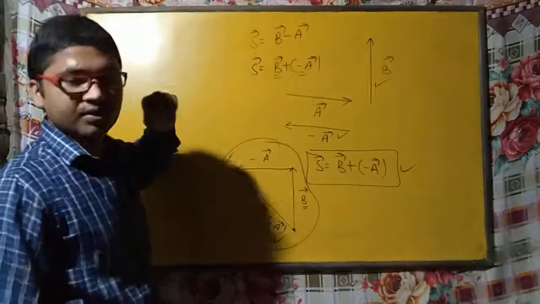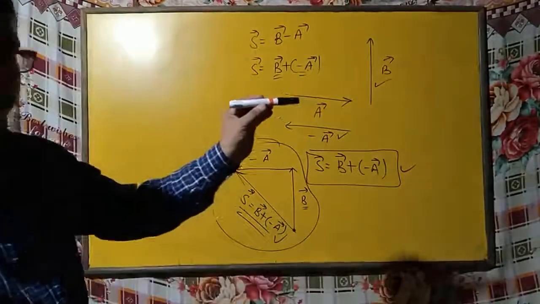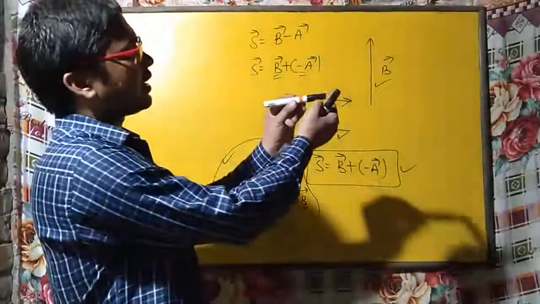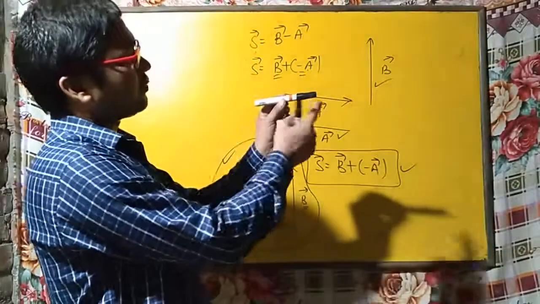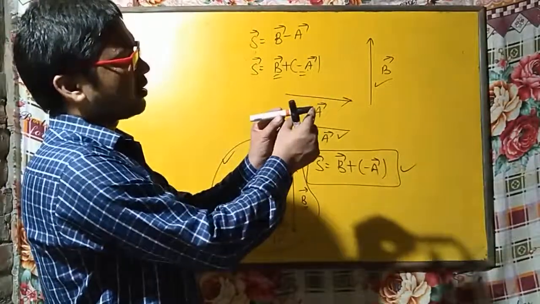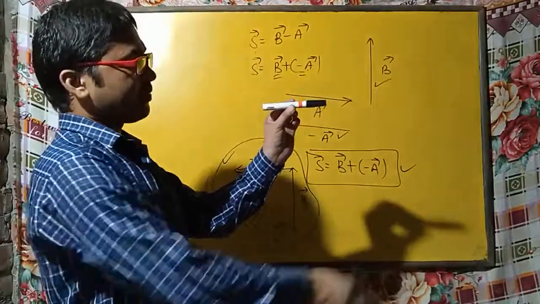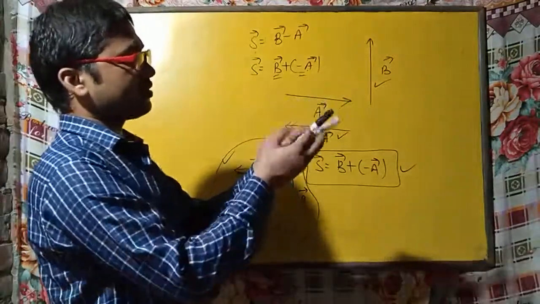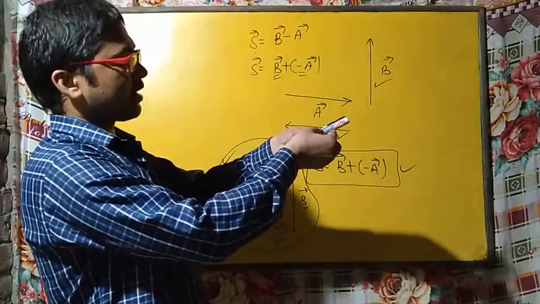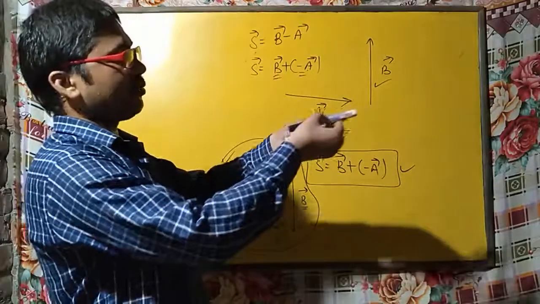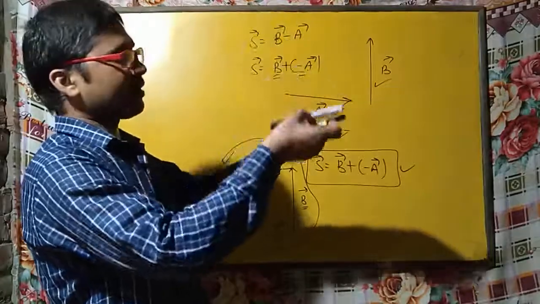The simple rule is, if this is the vector given, suppose this one is the tail and this black color denotes the arrowhead, then you can see this one has exactly the same length but in the opposite direction. So this is the negative vector of this vector.